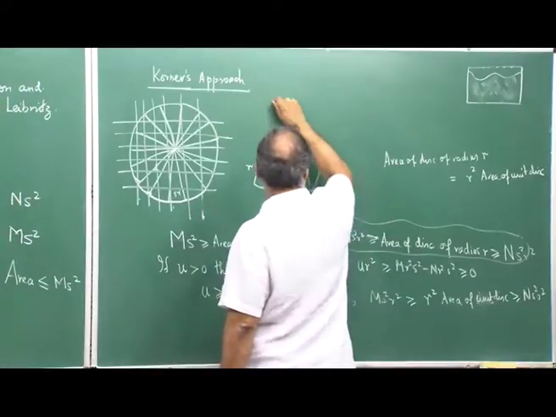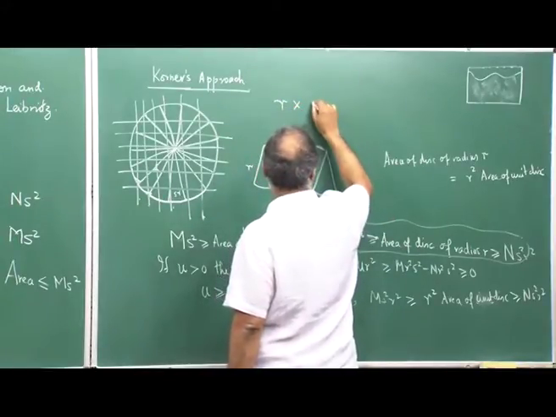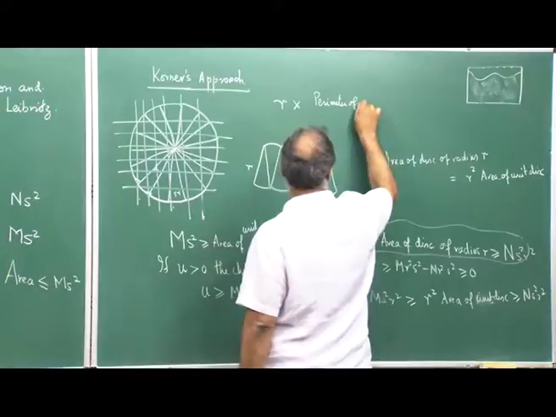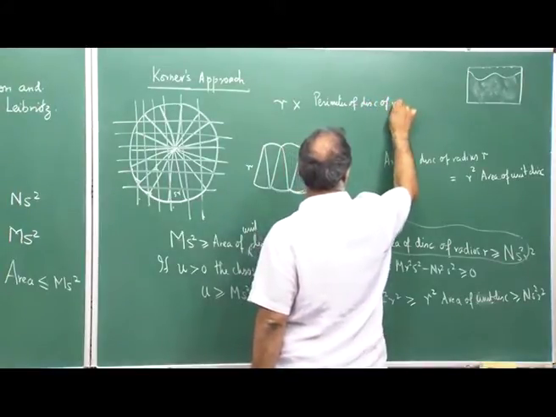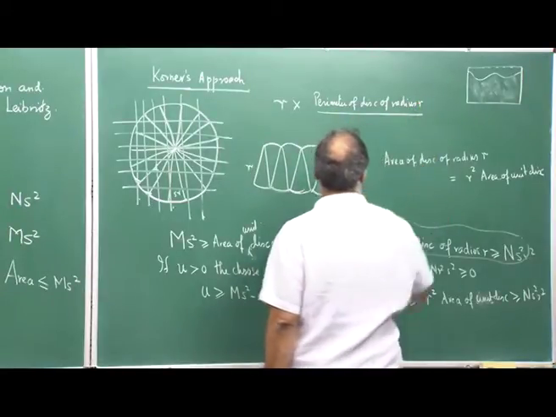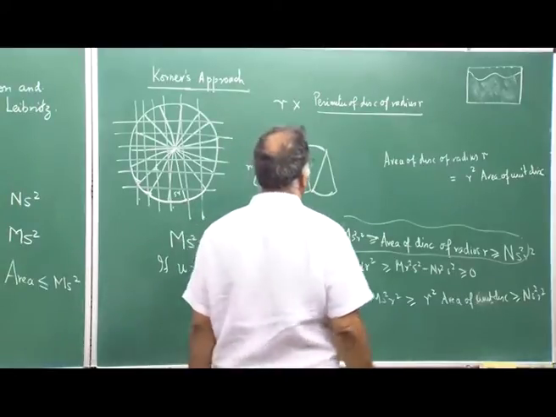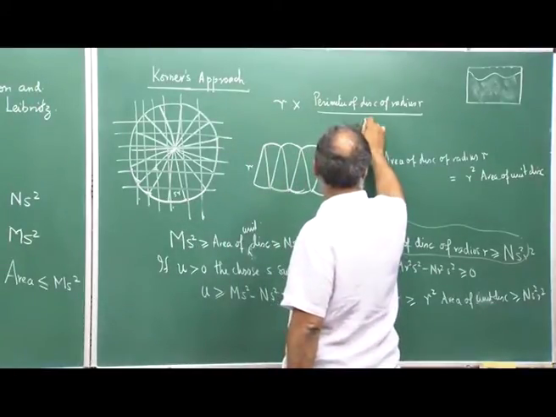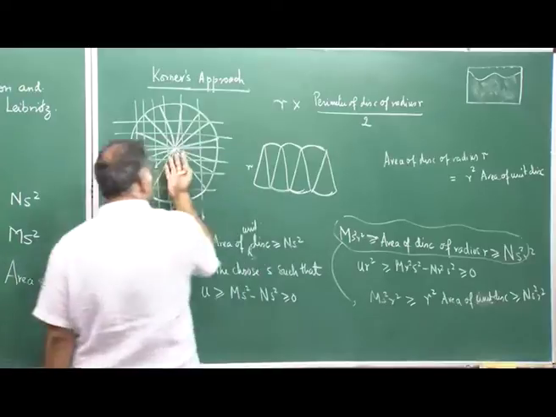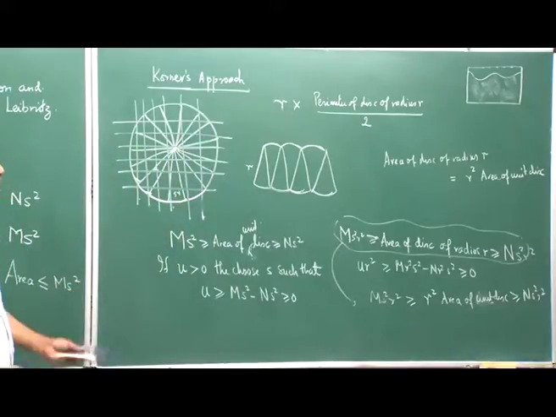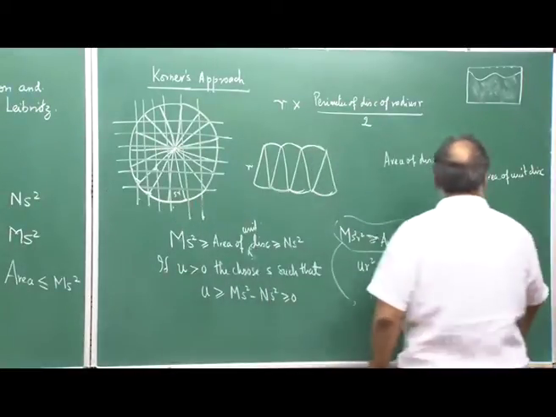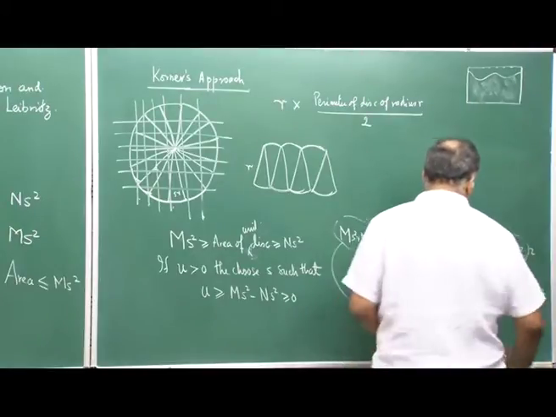So this whole thing is R into the perimeter of the disc of radius R by 2. But this is nothing but the same as the area of the disc, because we have cut out the cakes and laid them down. So they must give me roughly the same area. I am just writing roughly, this is just an approximation.